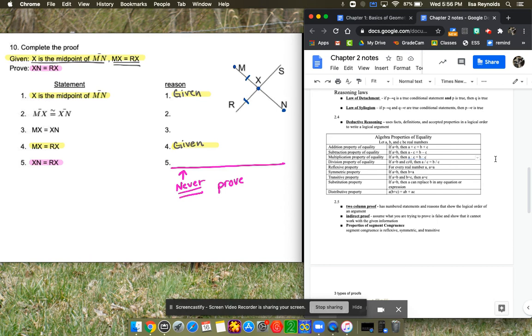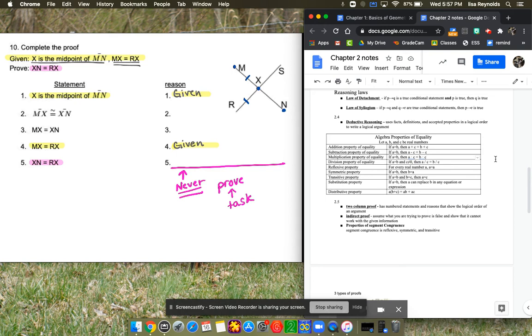So you're never going to say that the reason for this is prove. So this is not a reason. This is our task. So our reason is never the word prove. Prove is our task. It's not our explanation.